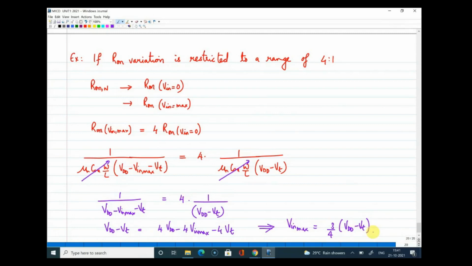So the whole idea is, say if you look at this plot here, this is V in and this is the maximum on resistance, and as we know, it moves like this. This is VDD minus Vt.